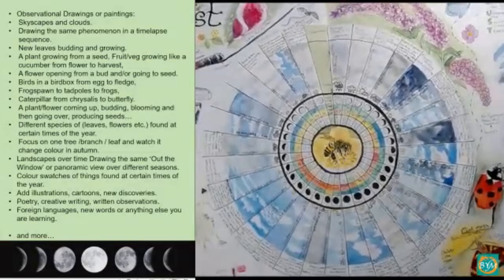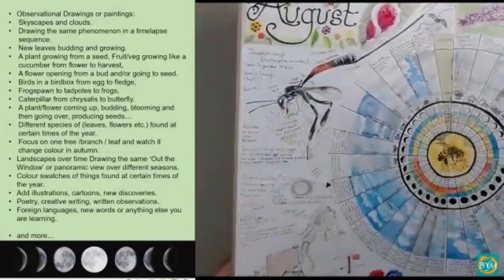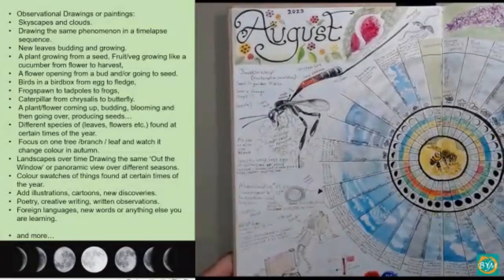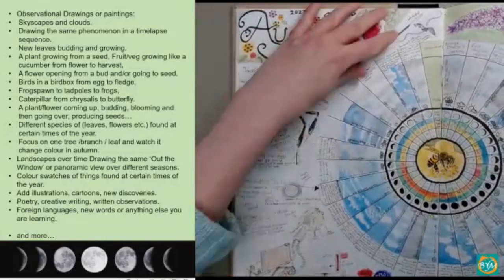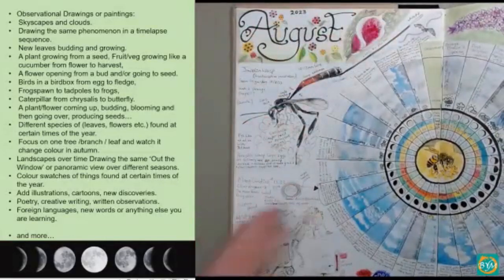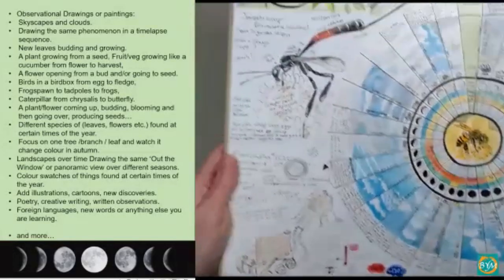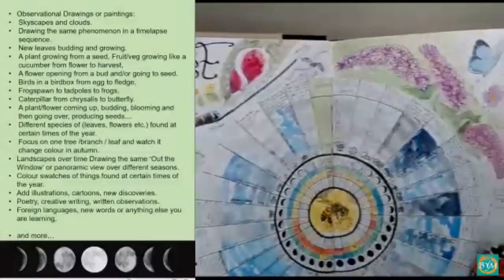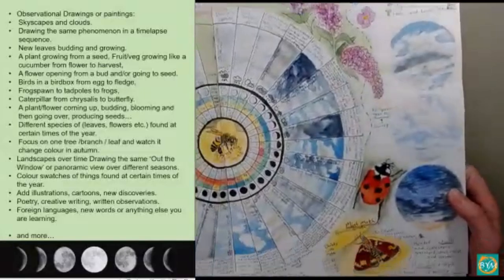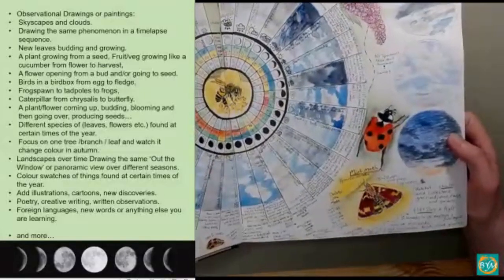And because a circle doesn't fit very well into a rectangle sketchbook, there's all this space around the outside that you can see I have used to put in words and pictures of what I have been seeing throughout the month as well.